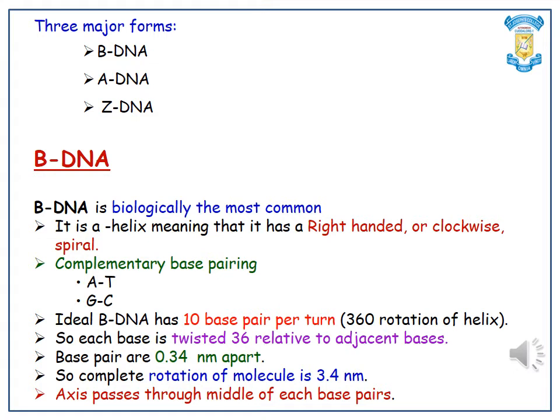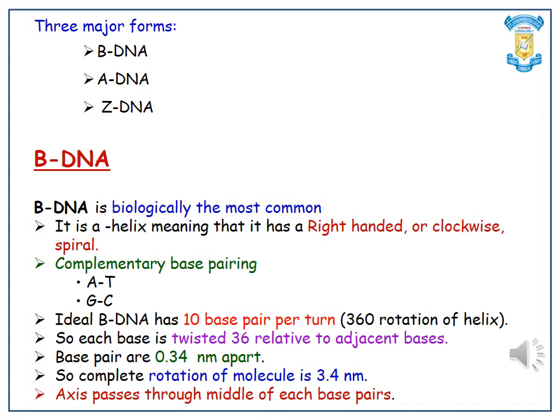B-DNA is biologically the most common DNA. It is a helix, meaning that it is a right-handed or clockwise spiral. It has complementary base pairing with adenine to thymine and guanine to cytosine.